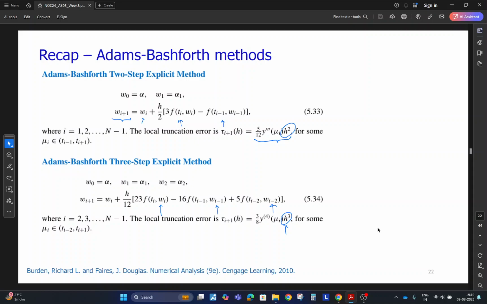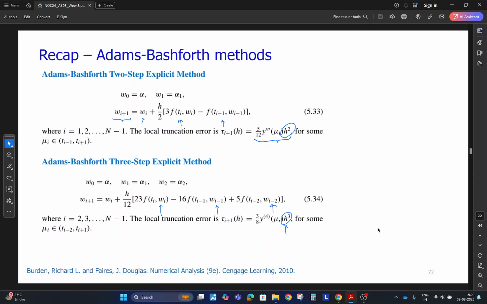The Adams-Bashforth three-step explicit method involves three previously known or given quantities: W0 equals alpha, W1 equals alpha 1, and W2 equals alpha 2. Then, for the current iteration, Wi plus 1 is obtained as Wi plus h by 12 times 23 times the value of the function at ti comma Wi, minus 16 times the value of the function evaluated at ti minus 1, Wi minus 1, plus 5 times the value of the function evaluated at ti minus 2, Wi minus 2.